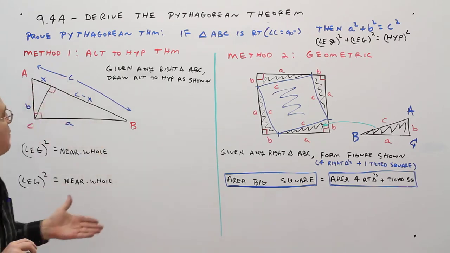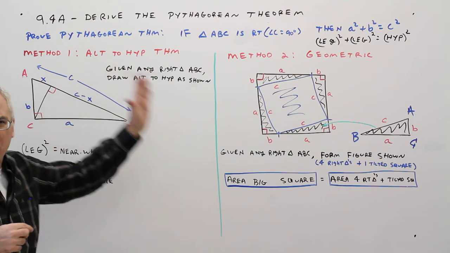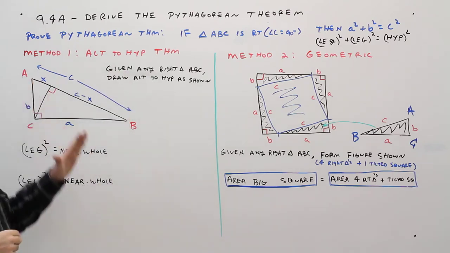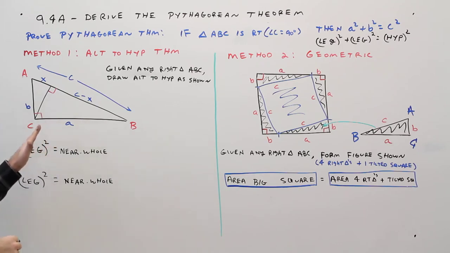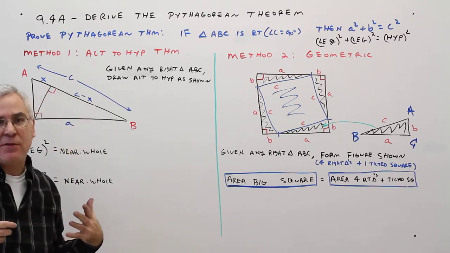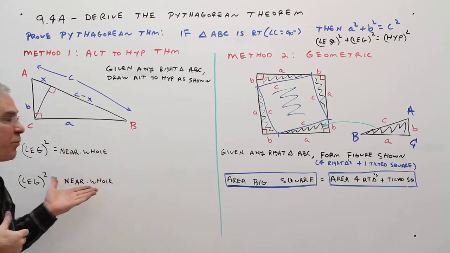Okay, so the first method uses the altitude to hypotenuse theorem. Given any right triangle ABC, just draw the altitude to the hypotenuse as shown. All I've done is break up the hypotenuse into part x and then part c minus x. All we're going to use is these previous theorems.